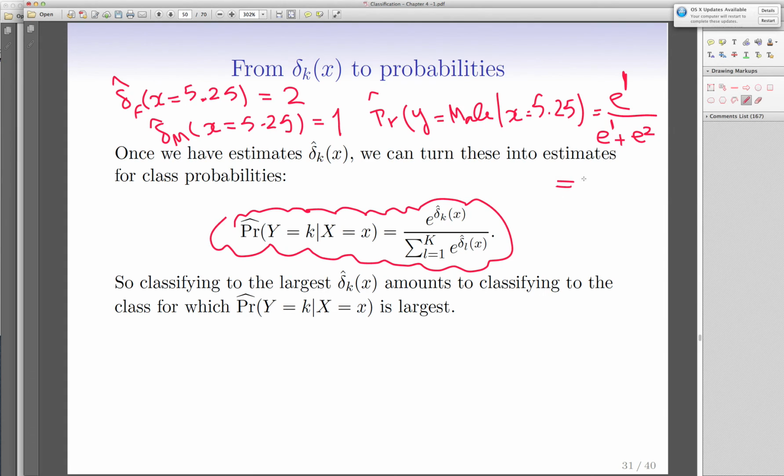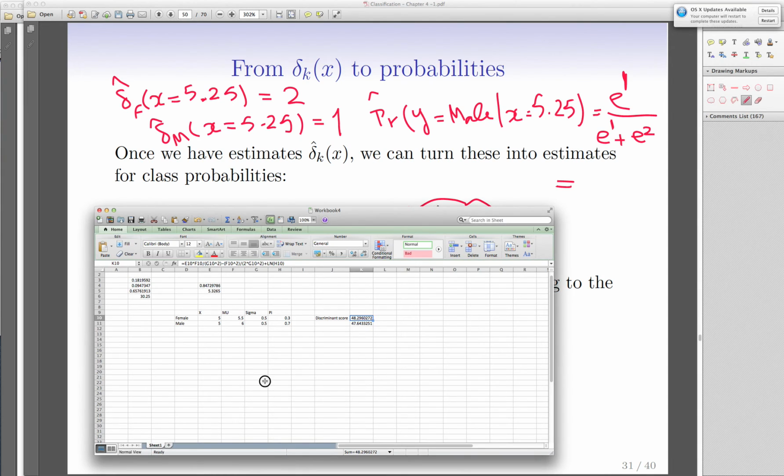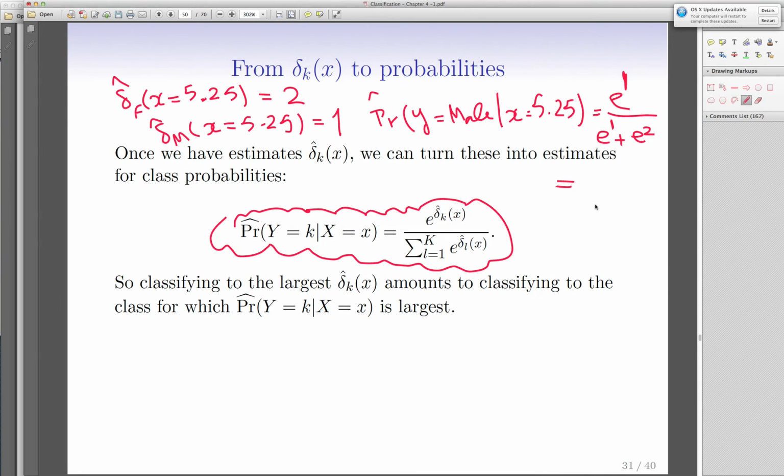So the probability is exponential of 1 divided by exponential of 1 plus exponential of 2. So it's 26%. That is extremely powerful because you can just use the discriminant function to find probabilities.